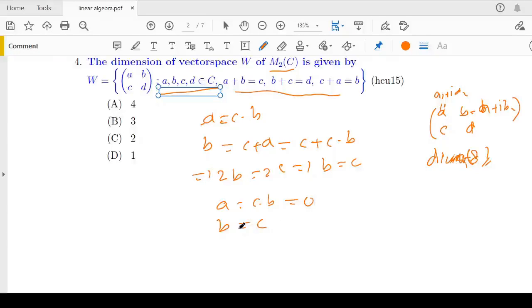Therefore, A is equal to 0 and B is equal to 0, and D is equal to B plus C. But we know that B is equal to C from the second equation.